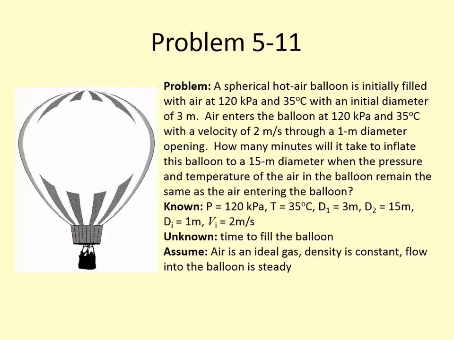Pi d cubed over 6, if we put in the numbers, pi times 3 cubed over 6, we get an initial volume of 14.14 meters cubed. Our final volume, or V2, is pi times 15 cubed over 6.